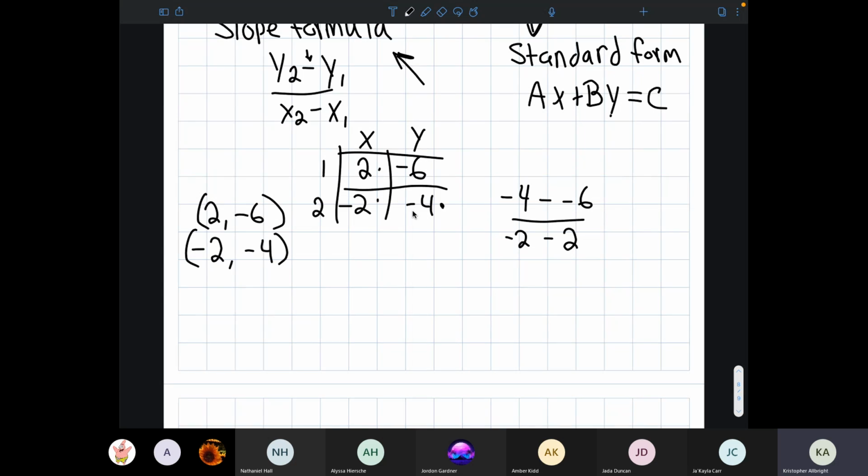So when we simplify this down, our two negatives make a positive, so we end up with -4 plus 6 over -2 minus 2, so -4. When we work up here, we're going to get a +2 over -4. So that's going to give us a -1/2.